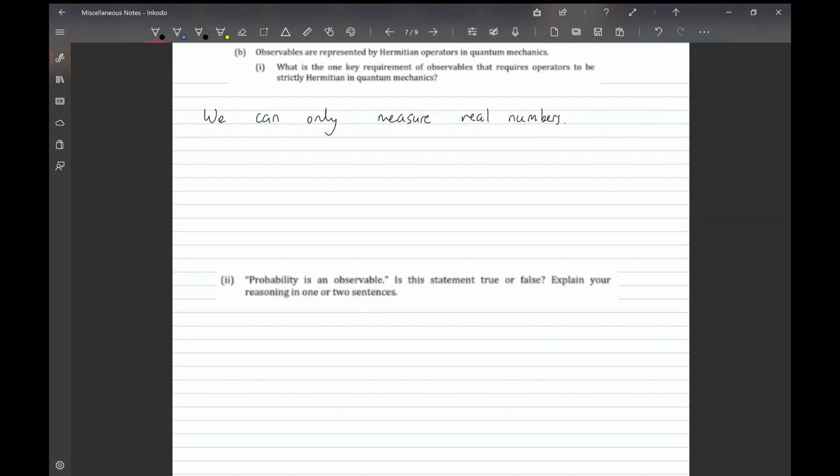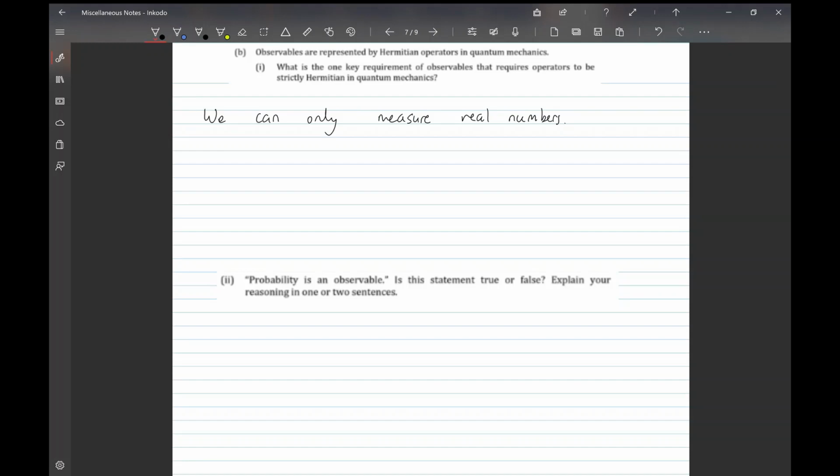And if you recall, the eigenvalues of an operator, the eigenvalues of an observable, are those particular outcomes that we would expect to measure. So, eigenvalues correspond to kind of results of an observable. We have to restrict the particular eigenvalues that a linear operator can take.